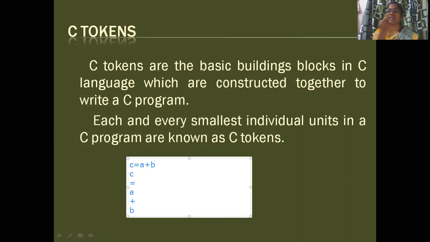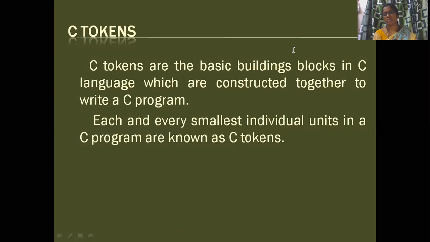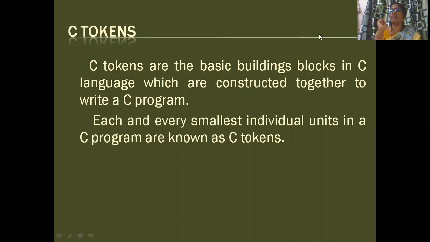So I have divided each and every word, each and every letter, which cannot be divided more. C cannot be divided any more. So I have divided everything and I have names for everything. This is called the tokens. Each and every smallest indivisible unit in a C program is known as a C token.